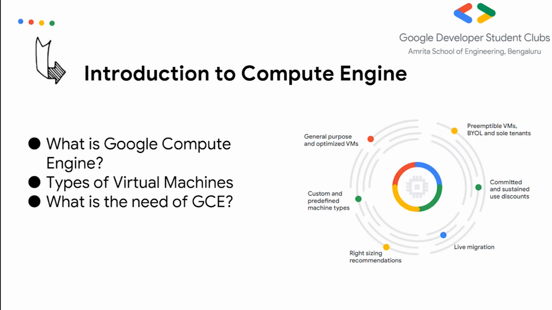So why exactly do we need Compute Engine? We can use general purpose and optimized virtual machines for our daily tasks or small enterprises, or else we can go for big projects where we need more computing speed and engines. Let's say we need to make a new computer.